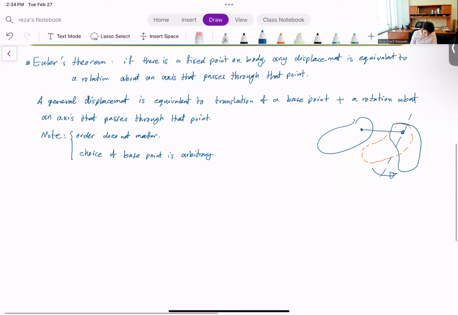So we had Euler's theorem. Now this is, I don't know exactly how to pronounce it, Chasles' theorem.